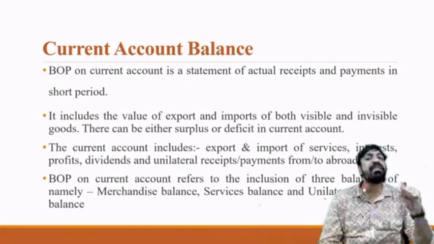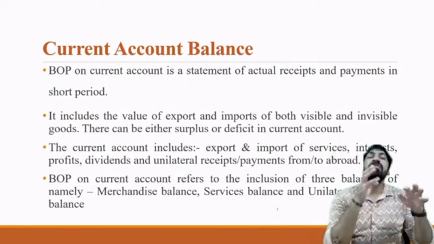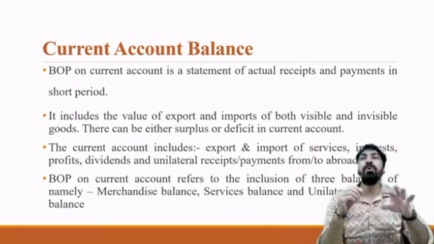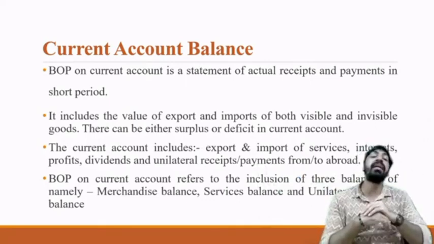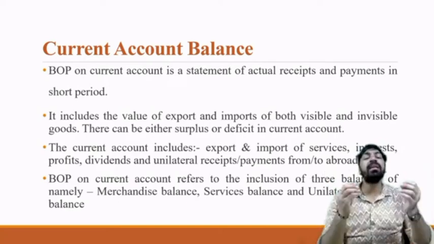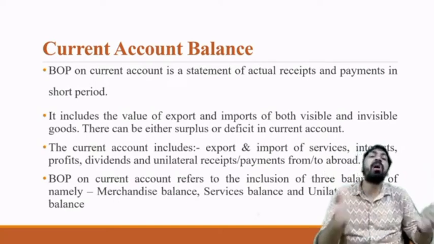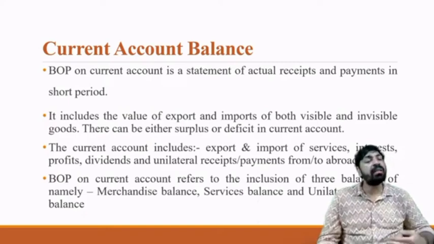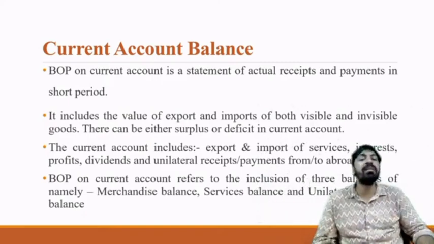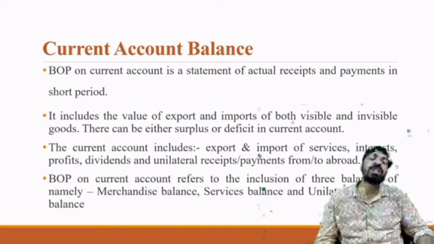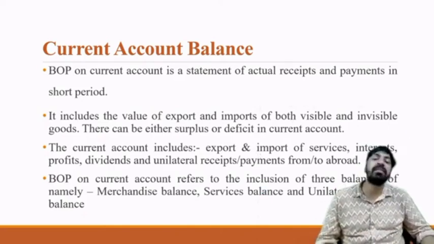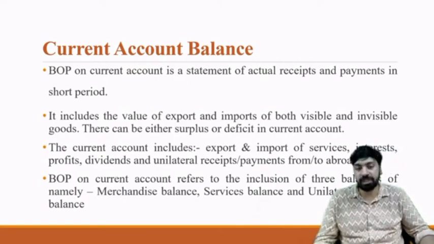That means it includes the values of exports and imports, including the visible and invisible items, that are shown on the current account. The balance could be a surplus or a deficit in the current account. Surplus would be the positive balance, and negative balance would be the deficit balance.